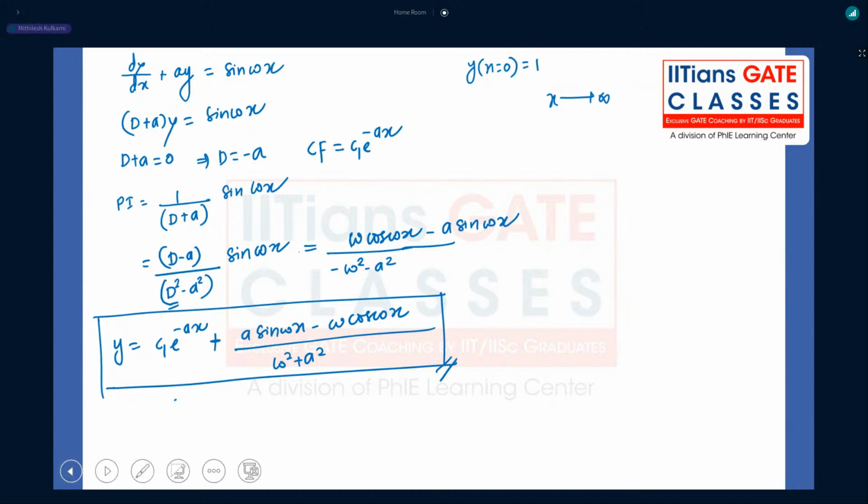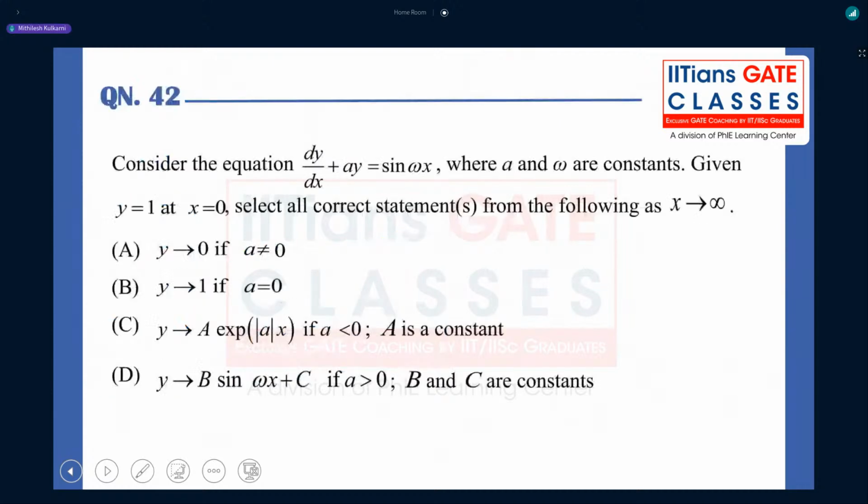So let's start with option A here, or yeah, maybe not A. Yeah, okay, we can deal with A and B together.